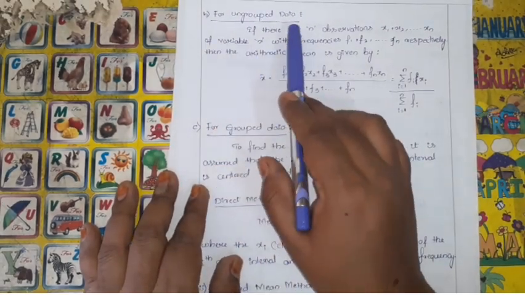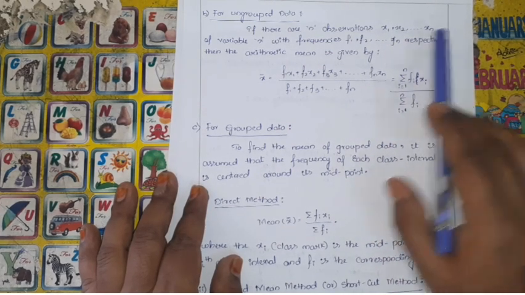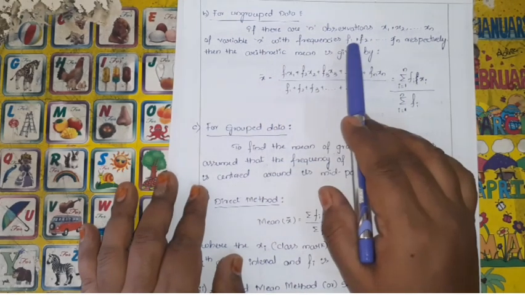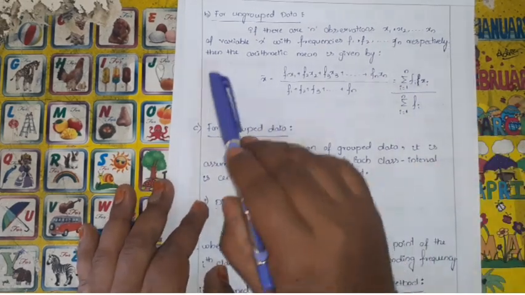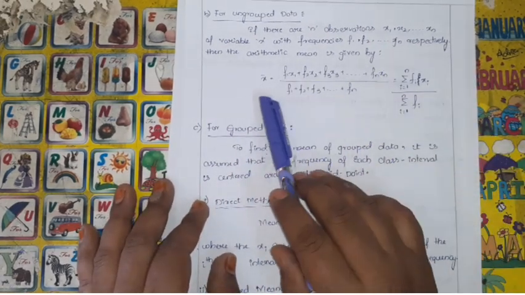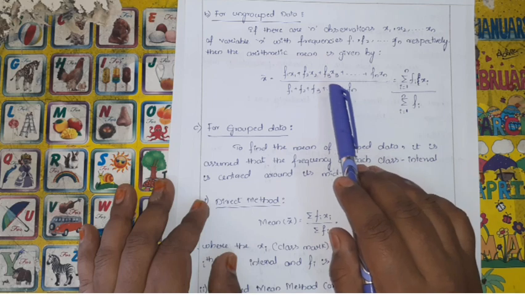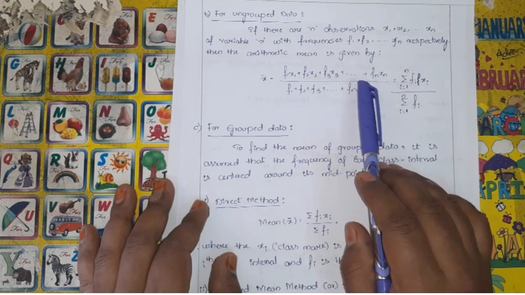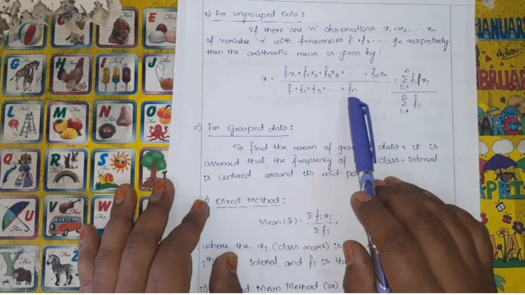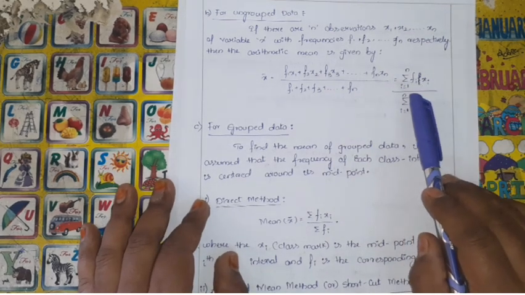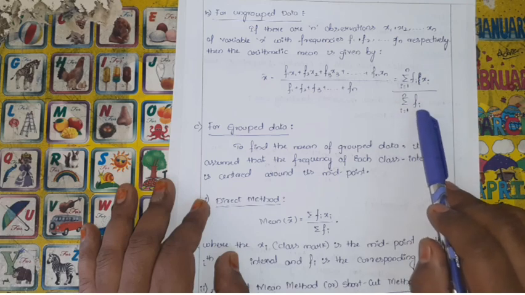For ungrouped data, if there are n observations x1, x2 and so on xn of variable x with frequencies f1, f2 and so on fn respectively, then the arithmetic mean is given by x bar is equal to (f1 x1 plus f2 x2 plus f3 x3 plus and so on plus fn xn) by (f1 plus f2 plus f3 plus and so on plus fn), which is equal to the sum of fi xi for i equals 1 to n, divided by the sum of fi for i equals 1 to n.